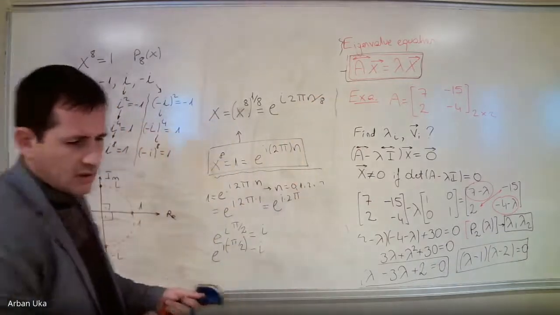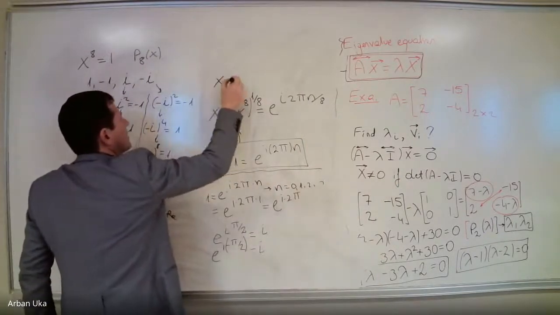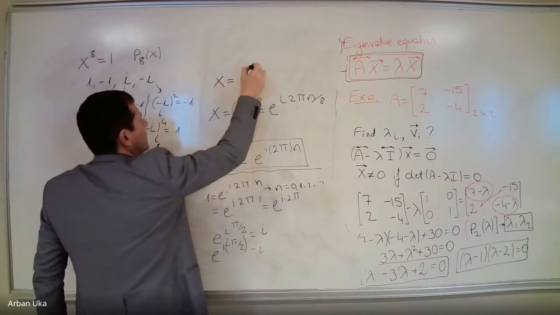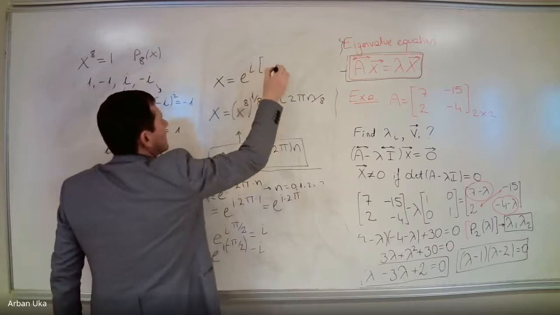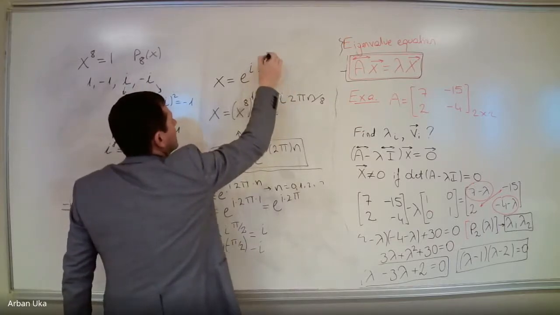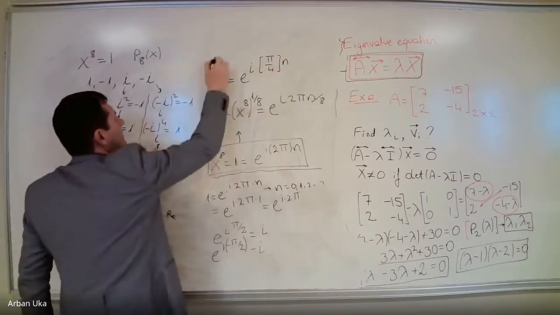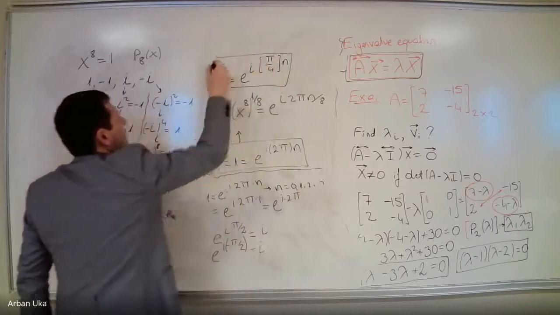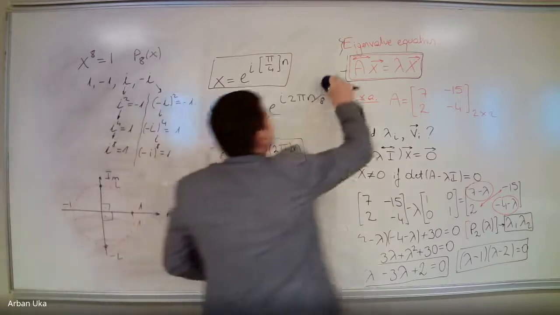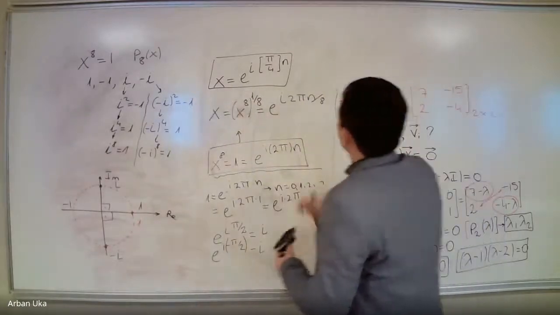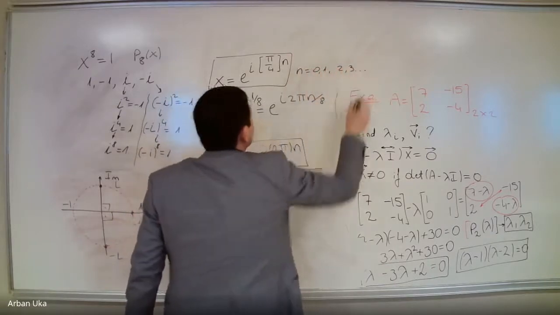So this would be the correct answer, which means that x is equal to e to the power I times pi over 4 times n. So n is equal to 0, 1, 2, 3, and so on.